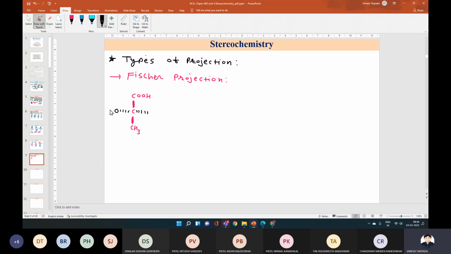This is called the Fischer projection. This carbon is in the plane of your mobile. These two groups are away from the viewer, on the back side of the plane.